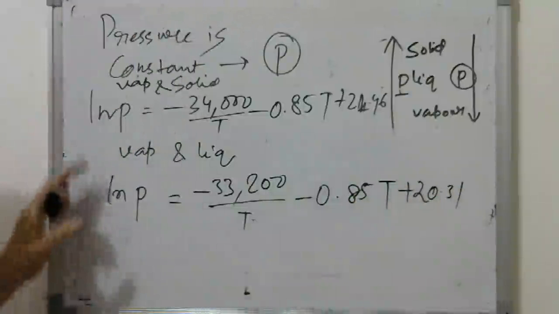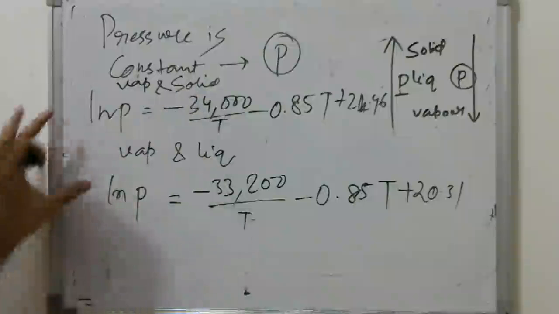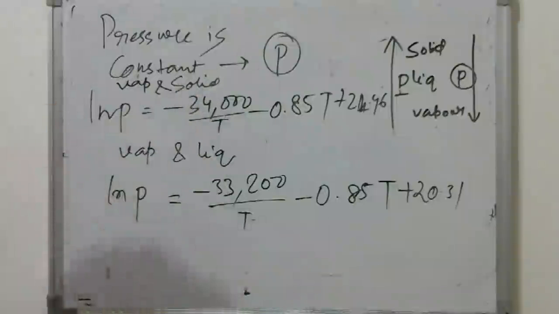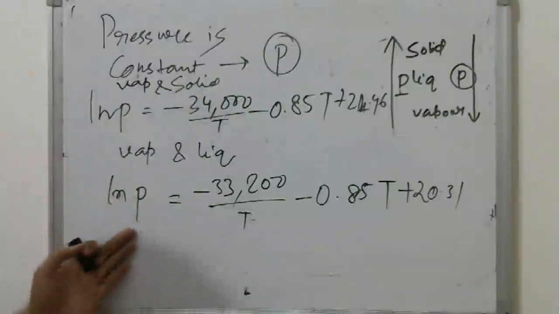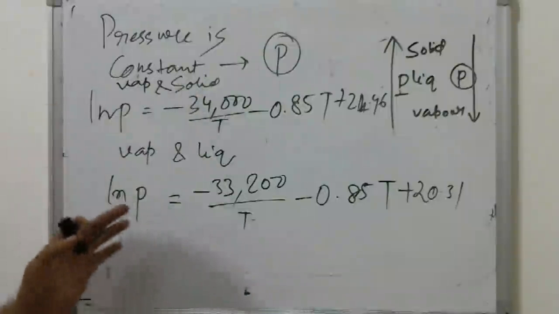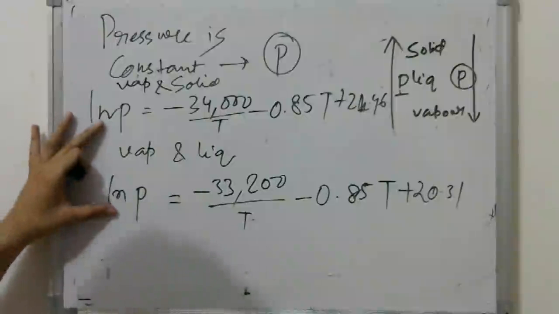Right? So for vapor and liquid and vapor and solid, I have these equations. For a fixed P, that is a given pressure, I need to find the point of equilibrium amongst all three phases. So the pressure is constant.